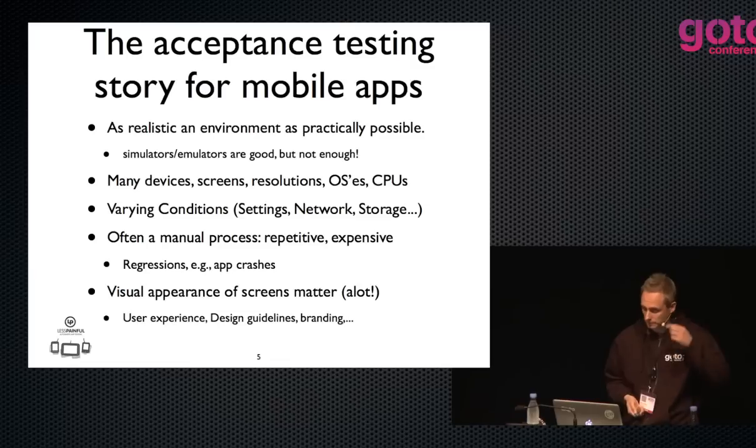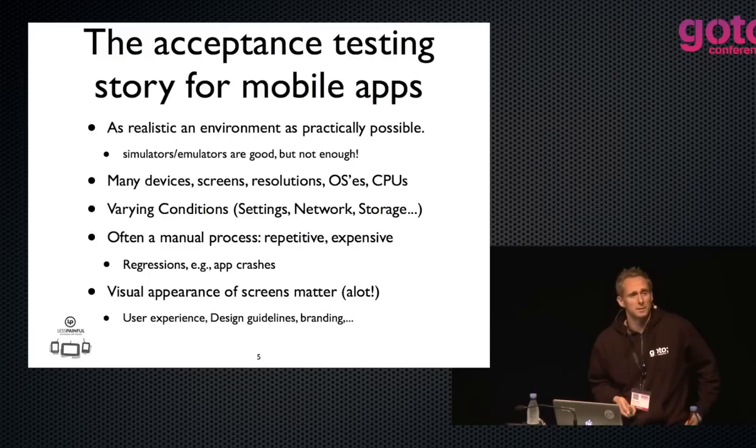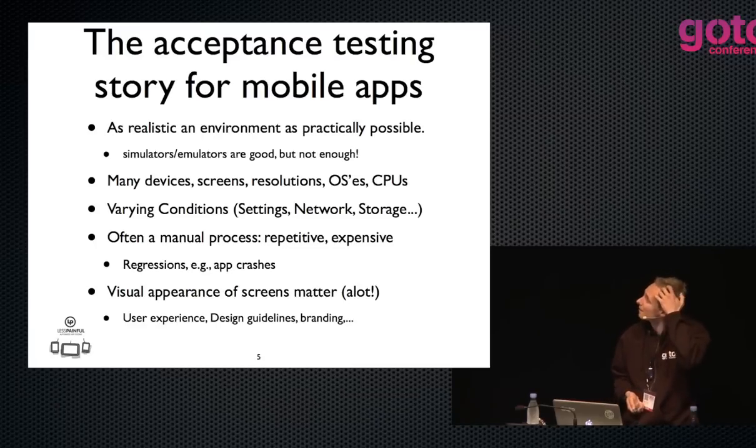Also, not only are there many devices, there are also many operating system versions. Several versions of iOS, 4 to 6 now, I guess, is what's commonly supported. Numerous versions of Android as well. And you may need to support different languages in your application.